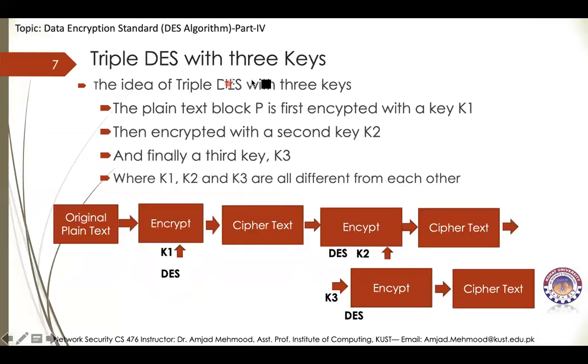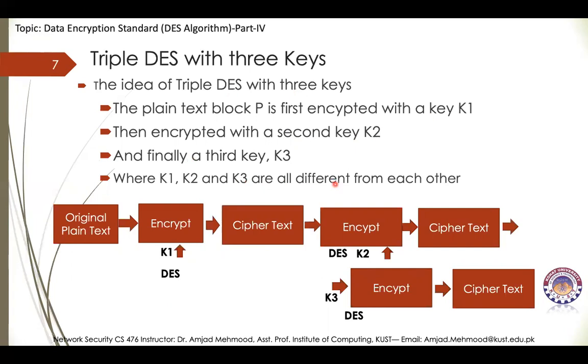Now, triple DES with three keys. The idea of triple DES with three keys is that the plain text block P is first encrypted with key K1, then encrypted with the second key K2, and finally a third key K3, where K1, K2, and K3 are all different from each other.